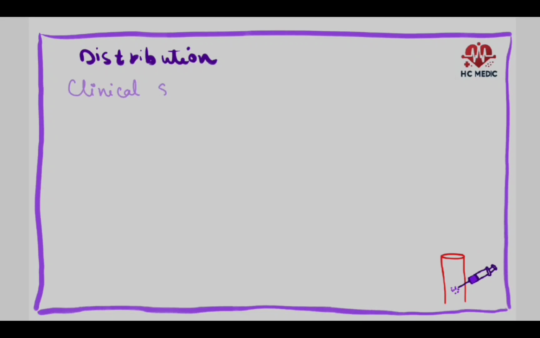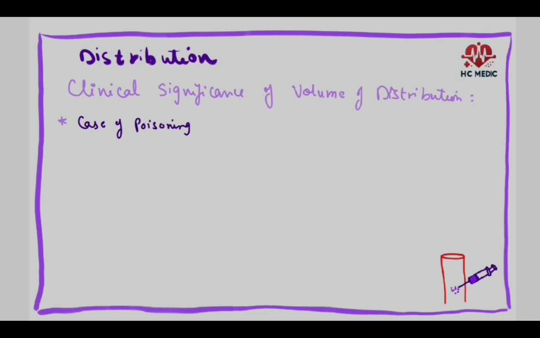Now let's see the clinical significance of distribution. That means why we are understanding this topic. It includes the case of poisoning, which is very important. Whenever any drug has a very high volume of distribution, it will get distributed into the tissues and the drug will have a very low amount in the plasma. So these drugs are not easily removed by hemodialysis.